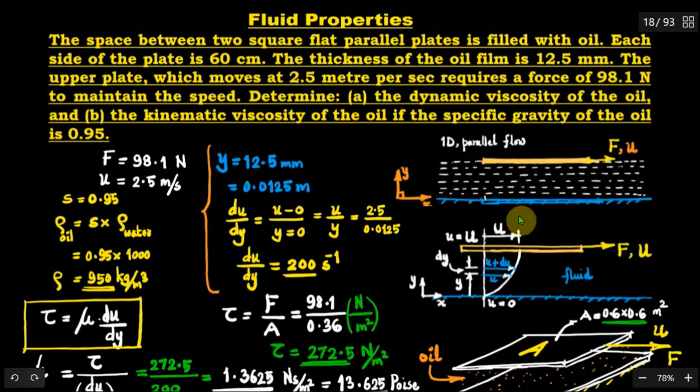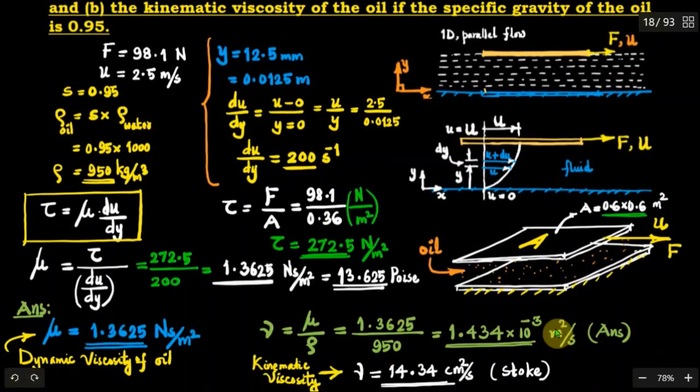Here we have the two parallel plates, one stationary and the other moving, as you can see in this diagram. The lower plate is stationary, the upper plate is moving, and the area of the plate is 0.6 into 0.6, that is 0.36 meter square, with 60 centimeter side. So convert that into meters and you will get area, side into side, that is 0.36 meter square.